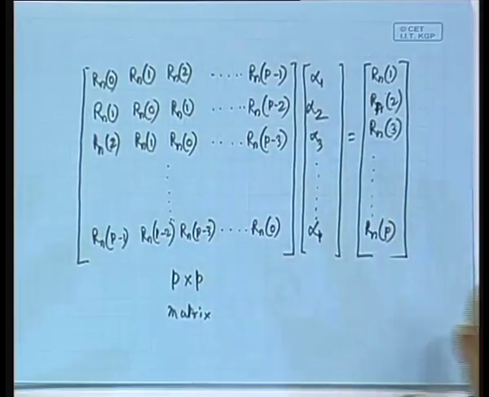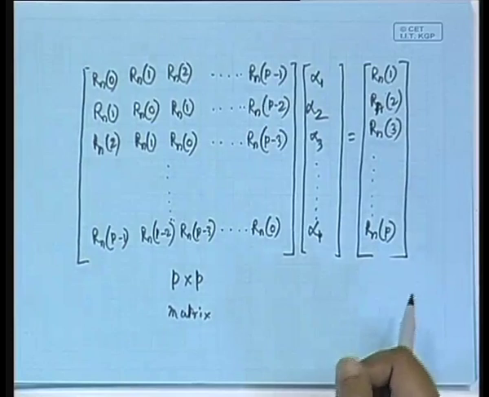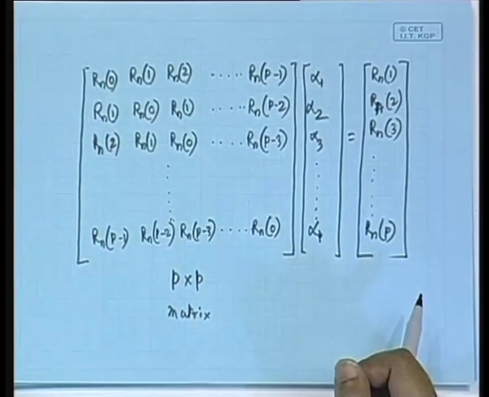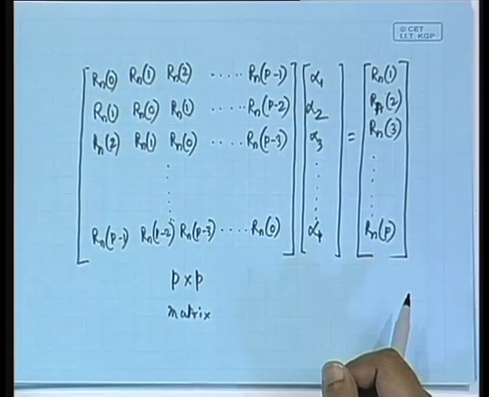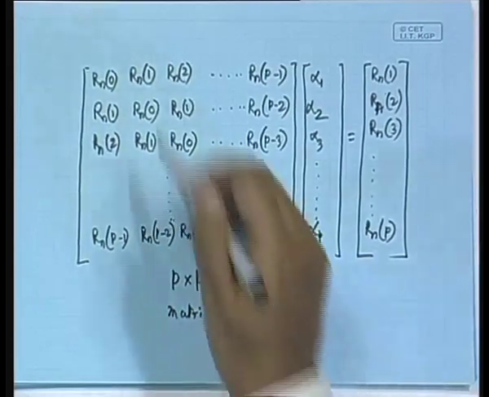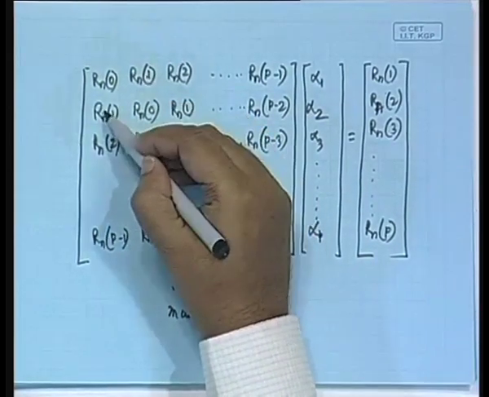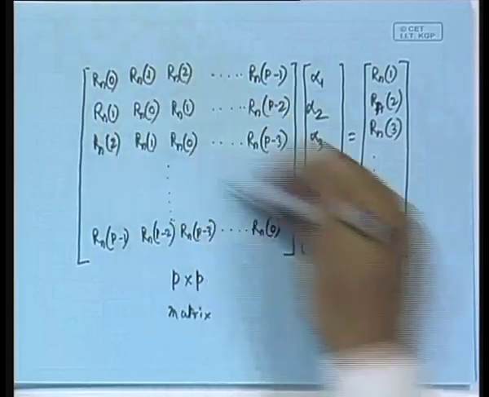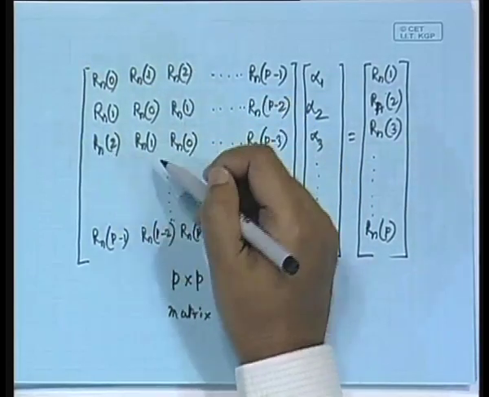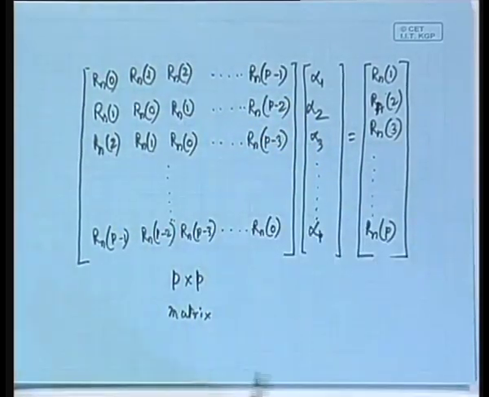So this is nothing but the same thing. Whatever we had written in summation form, we have written in a matrix form now. And one of the participants here has already pointed out that it results in a symmetric matrix. Indeed so, because you just see Rn1, Rn1. It is symmetric about the diagonal. Rn2 here, Rn2 here, Rn1 here, Rn1 here.